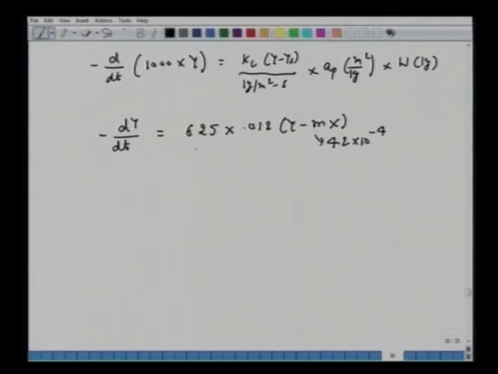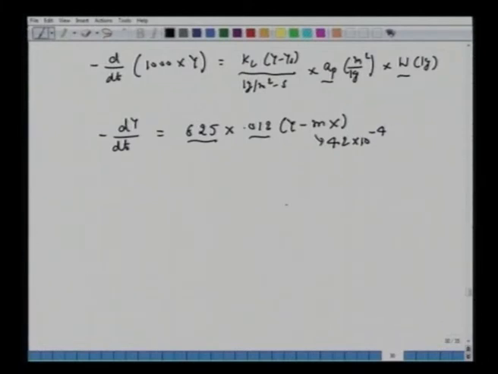Okay, so all these values are given here. KL is 0.012 here. AP into W, AP we had 25 and W was 25 kg, so 25 into 25 is 625 here. And we have 1000 here. Alright, and m is 4.2 10 to the power minus 4 here.